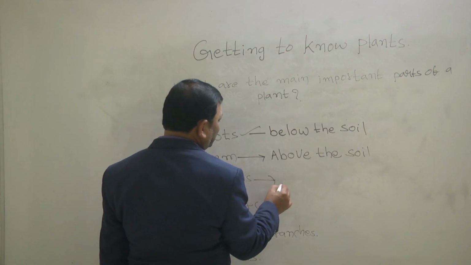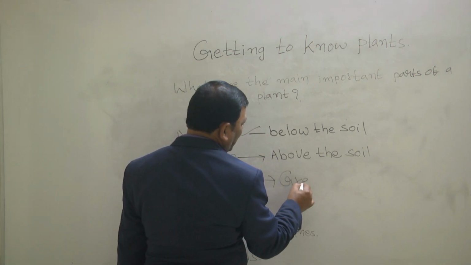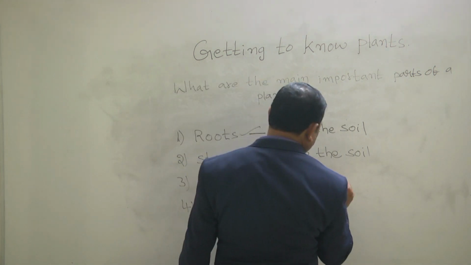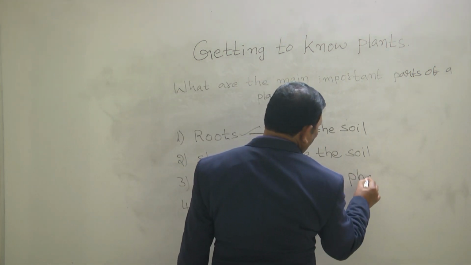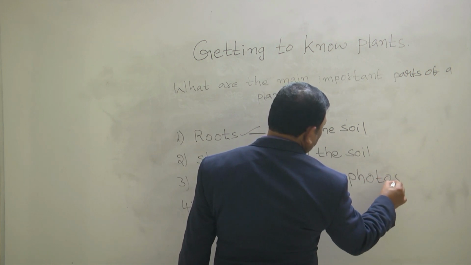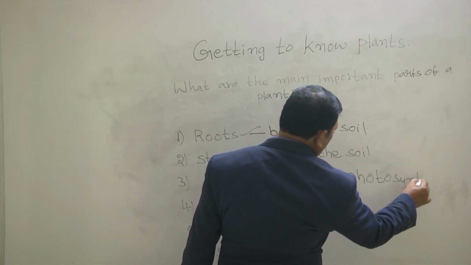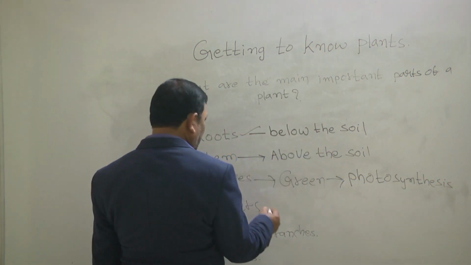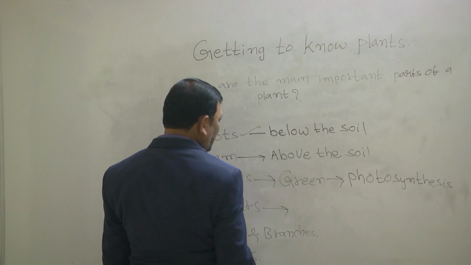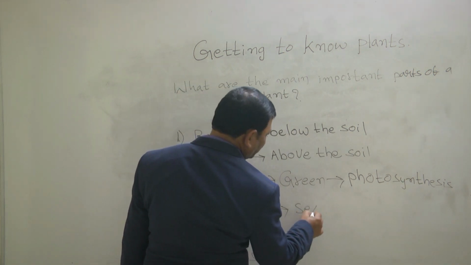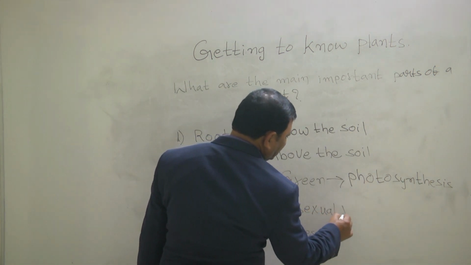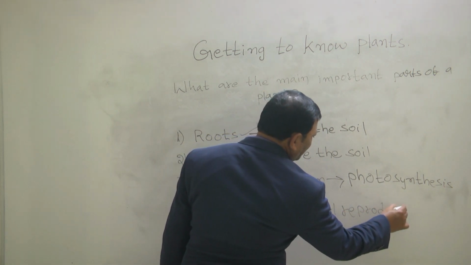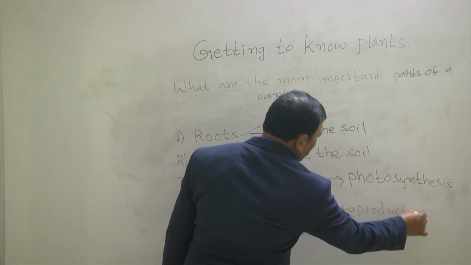Leaves are generally which in color? Green in color. What is the function of the leaves? Photosynthesis. So what is the flower? Flower is the sexual reproduction part.